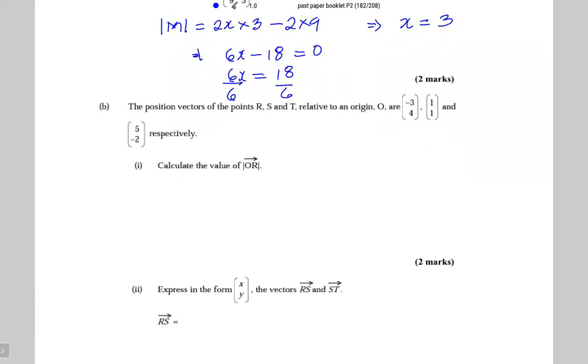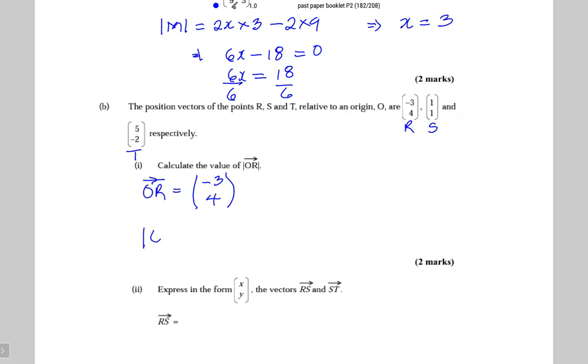So the B part of the question, it says the position vectors of the points R, S, and T relative to an origin O are, so this is for R, this is for S, and this is for T. Calculate the value of the mod of OR. First of all, OR is the vector -3, 4.